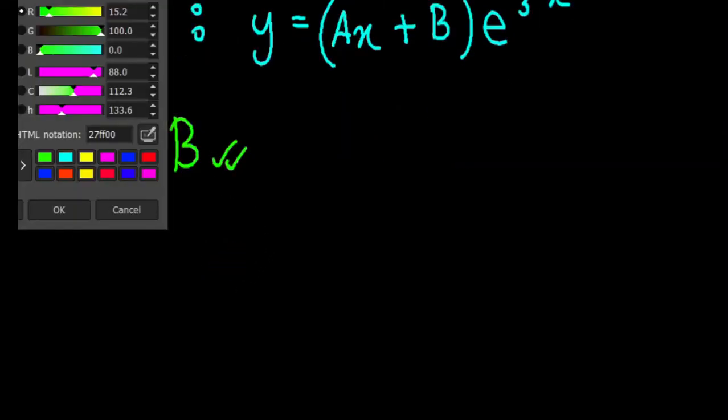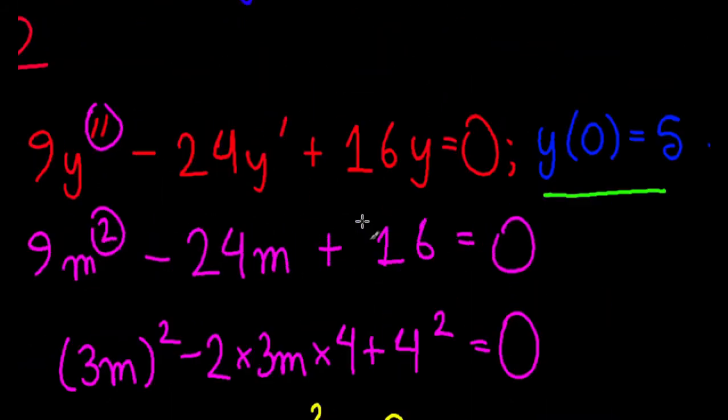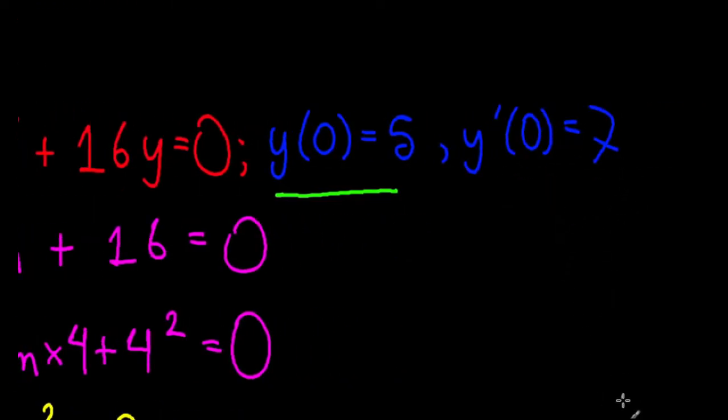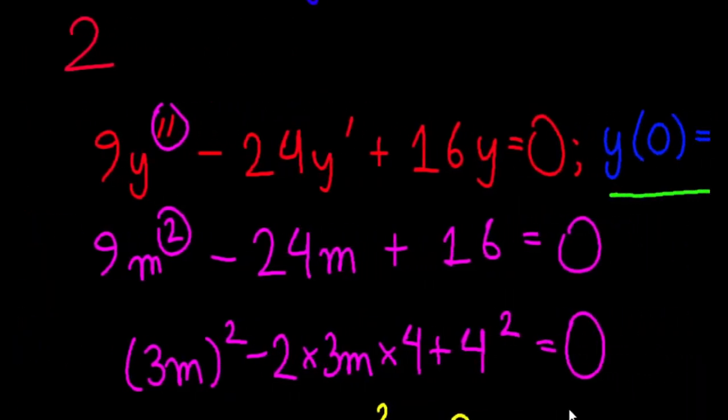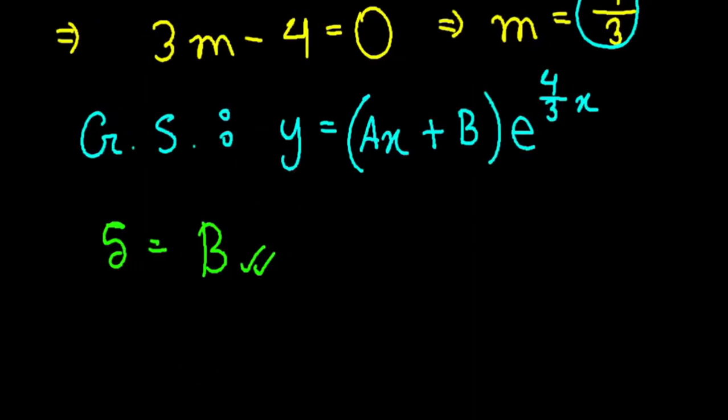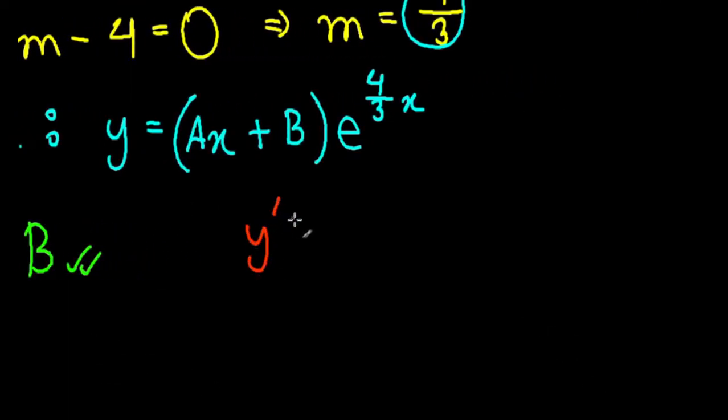Okay, so now let's solve for a, and for that we'll need to use the other condition. That one is when, again, x equals 0, y prime equals 7. First we need to find an expression for the derivative. If y is equal to this, y prime is going to be, first let's differentiate the linear term and keep the exponential the same.